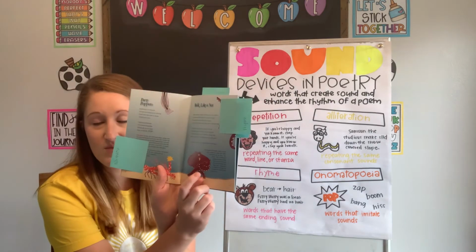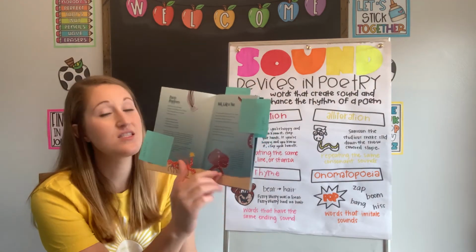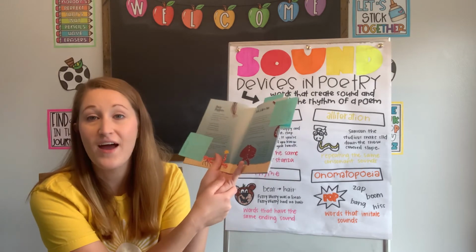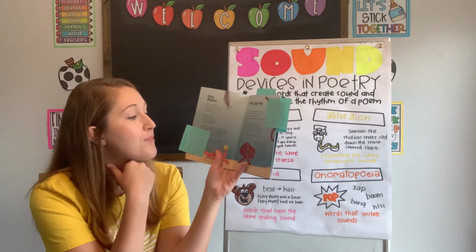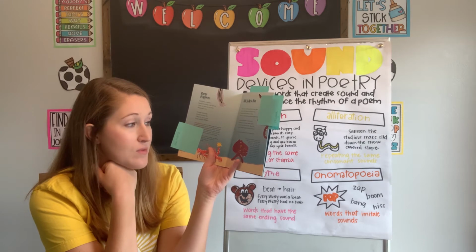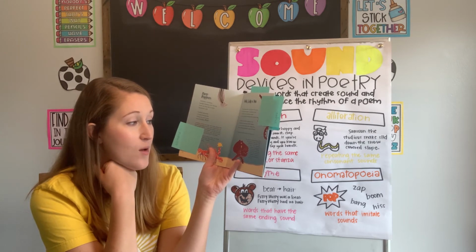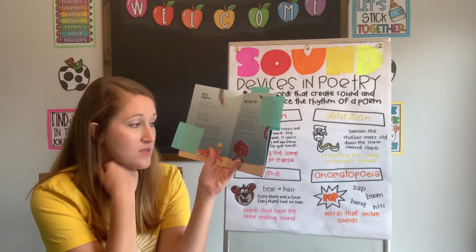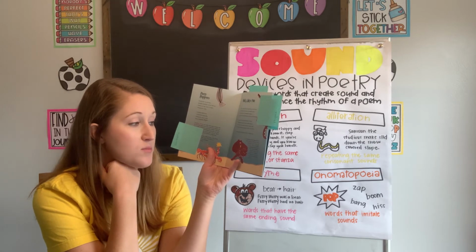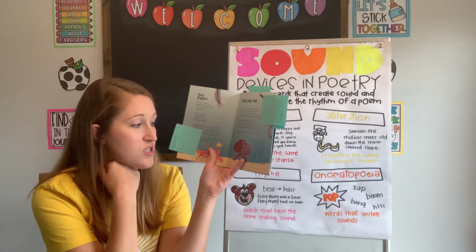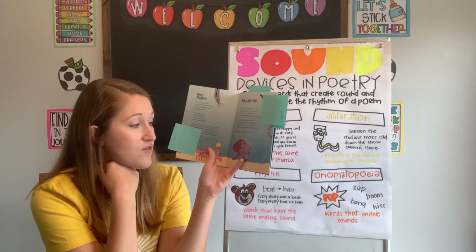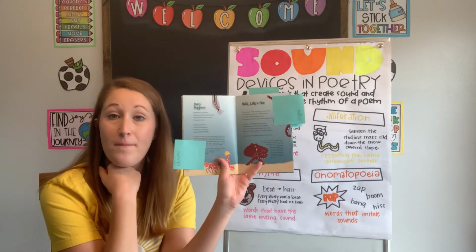Now, I'm going to read you this little fact. This is not part of the poem, but it gives us a little fact about what we were reading about. The coconut octopus wraps six of its arms around its head and walks backwards on the other two arms. This movement makes the octopus look like a coconut drifting across the shallow seafloor near Indonesia. Predators hunting for an eight-tentacled snack pass on by.